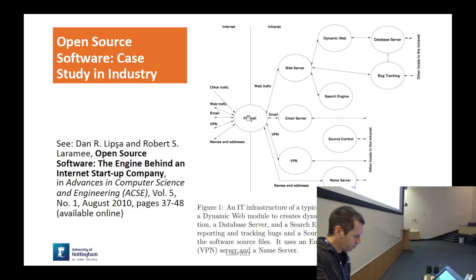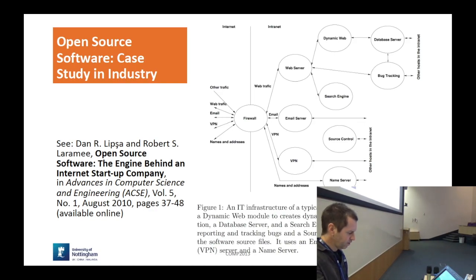You have a web server, an email server, a VPN, a name server, and so on. You have your version control, a search engine, a database server, and even a bug tracker. This is for a startup software development company.